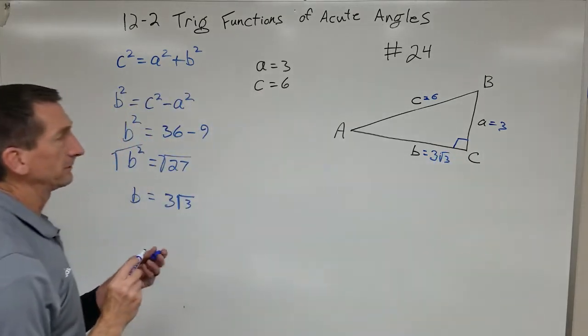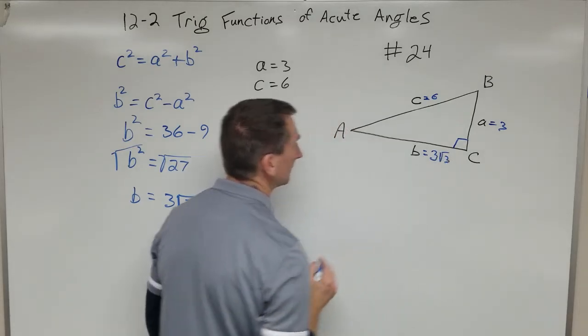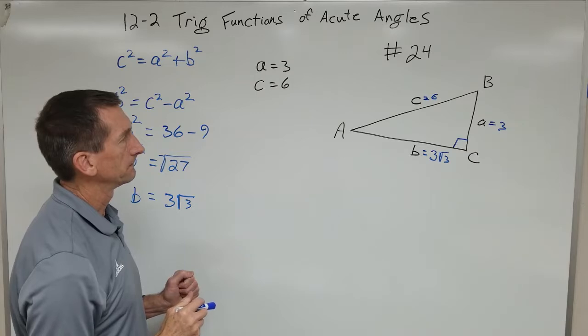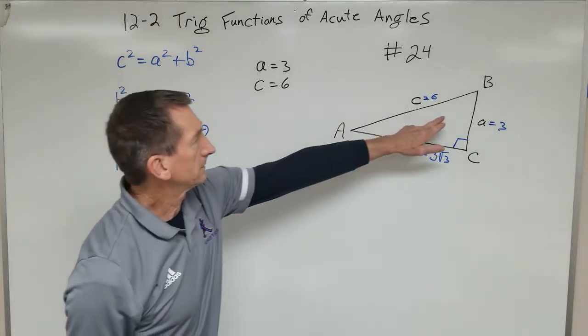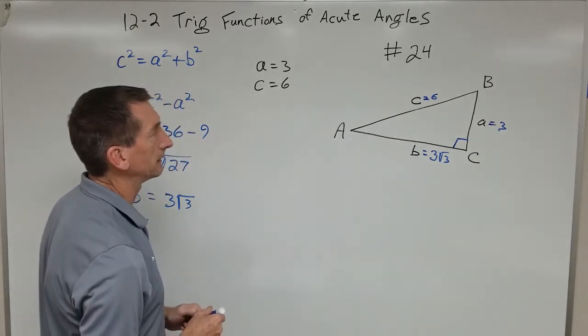Okay, so now I've got to try to figure out these angles here. Let's see, let's find us a trick we can use. All right, take a look at the ratio between A and C right here.